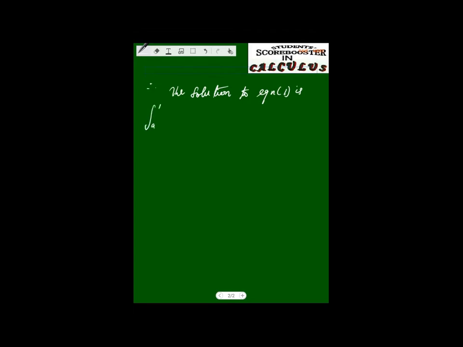You have integral from a to b of f of x dx will be written as x to the n plus 1 over n plus 1. Then you have the limits, or sometimes it can be written as this. You have a and you have b.